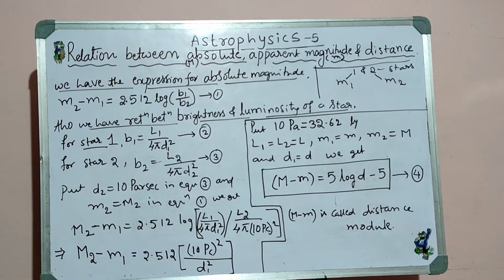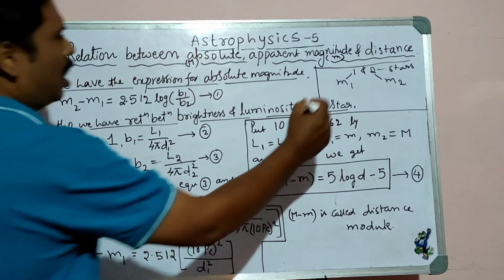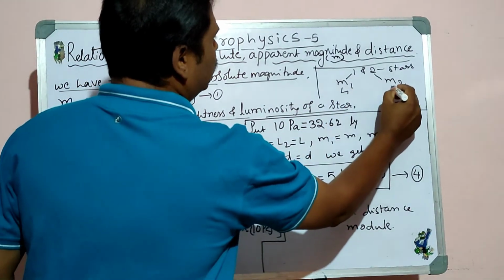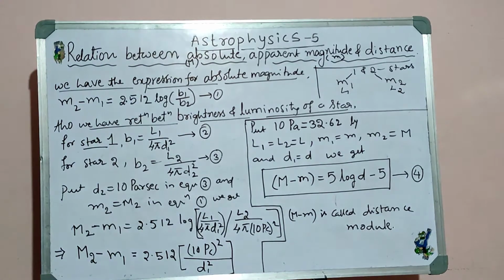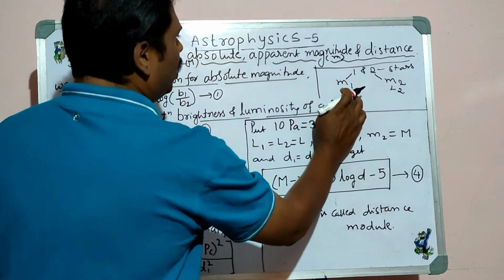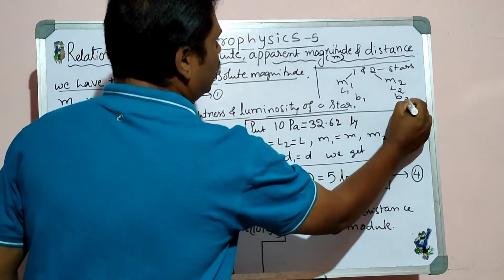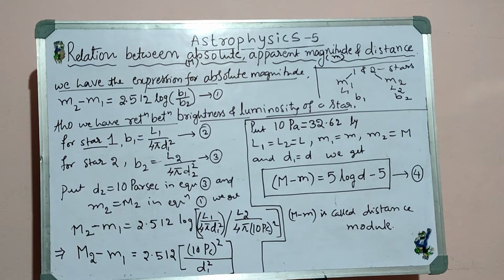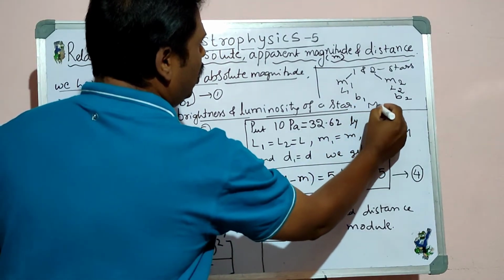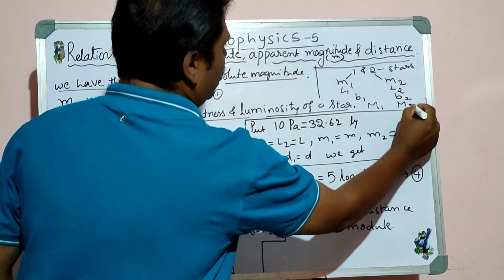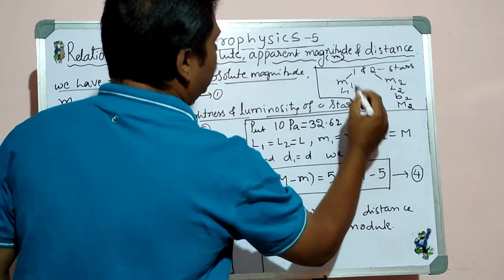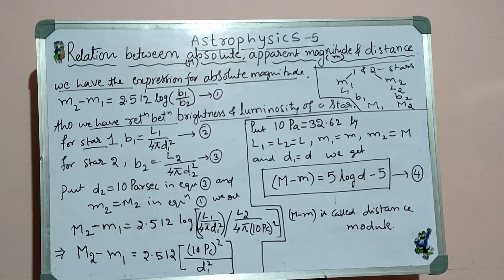The luminosities of the stars are L1 and L2, and the brightnesses are B1 and B2.